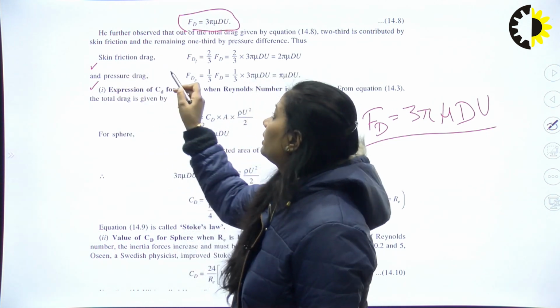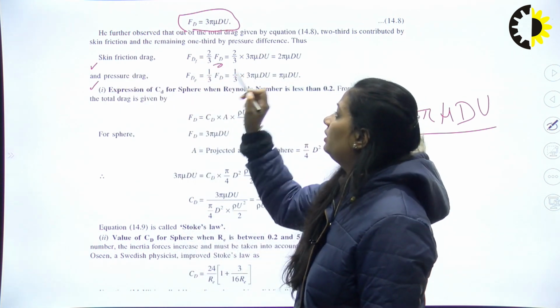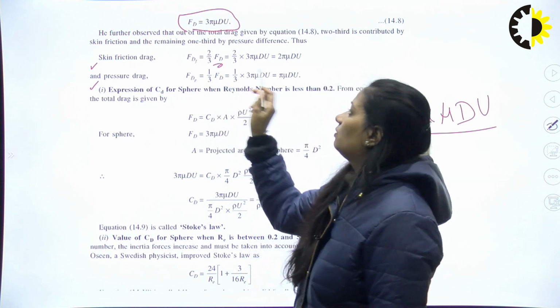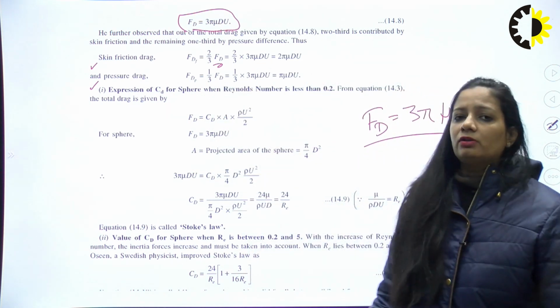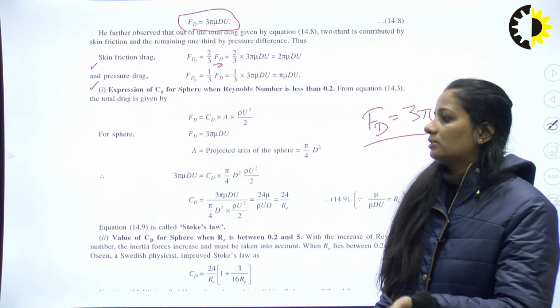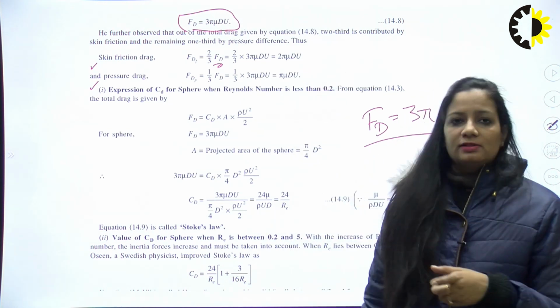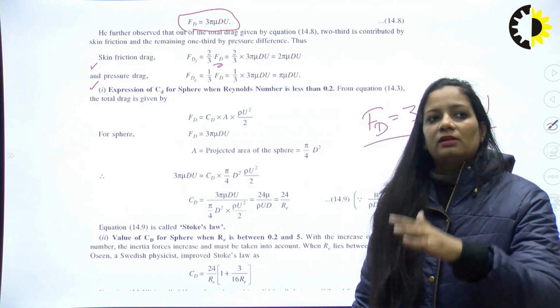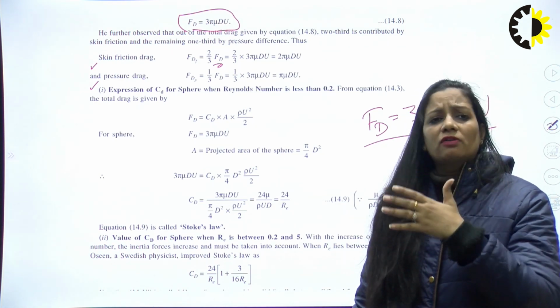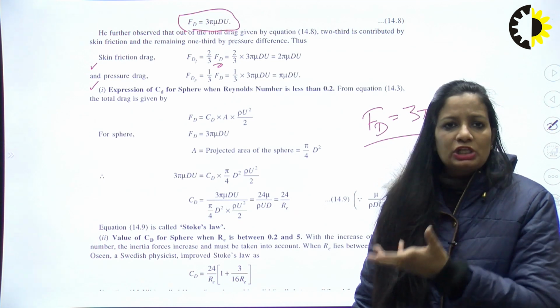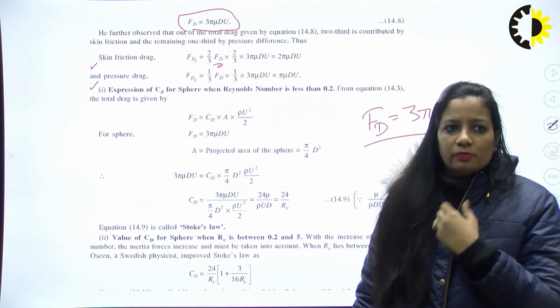Skin friction drag is 2/3 of this F_D, and pressure drag is 1/3 of F_D. Whenever someone asks for the total drag force, calculate it by this formula, then take 2/3 of F_D as the skin friction drag and 1/3 as the pressure drag.